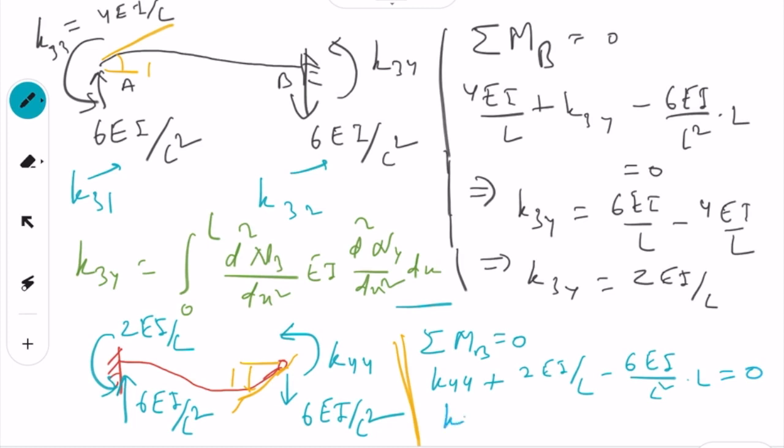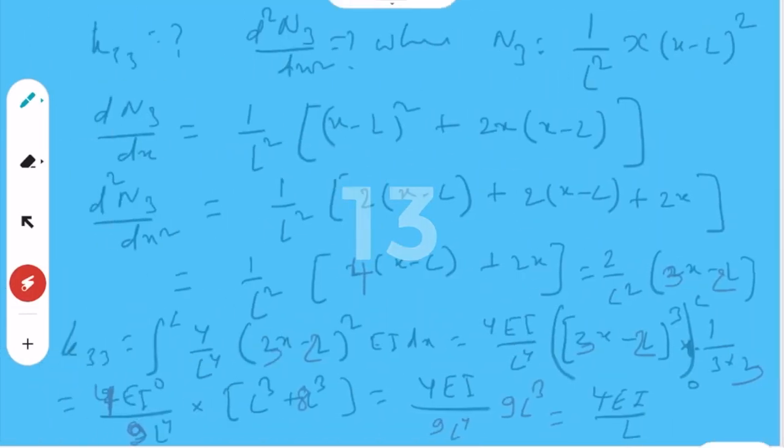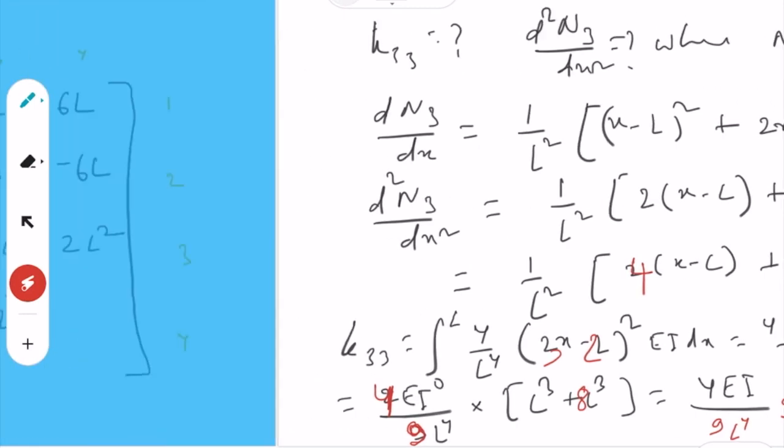K44 will be equal to, you can see here, this will be 6 EI over L, this is 2 EI over L, so 2 minus 6 will be minus 4, hence K44 will be 4. So what we get is 4 EI over L. So the value we get of K44 is 4 EI over L.